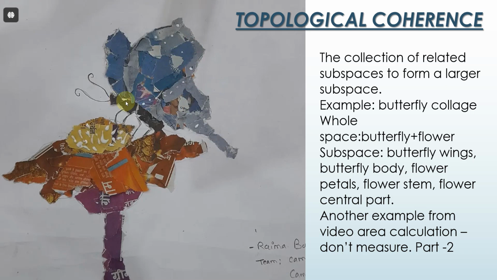And here the subspace of the body is made up of different small papers of color black. So the property which makes the butterfly's wing and the butterfly body different is on the basis of the small subspace color property. In a similar way, the distinction between different parts of the flower is also made on the basis of the color of the paper stuck.